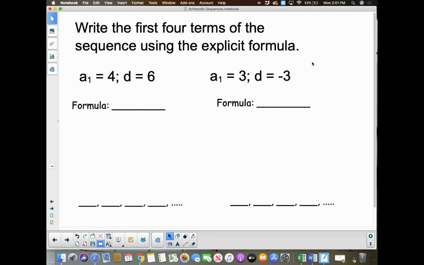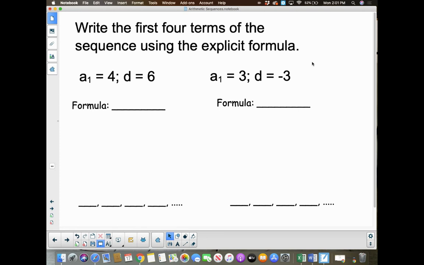So to me, the recursive formula doesn't really do anything for us, because if I'm asking you for the 50th term, you must know the 49th term. Well, if you already know the 49th term, then there's no point in using that formula because you just add the common difference. So let's look at this one.